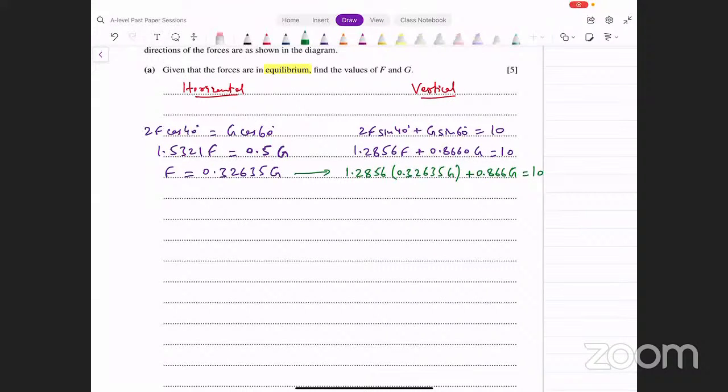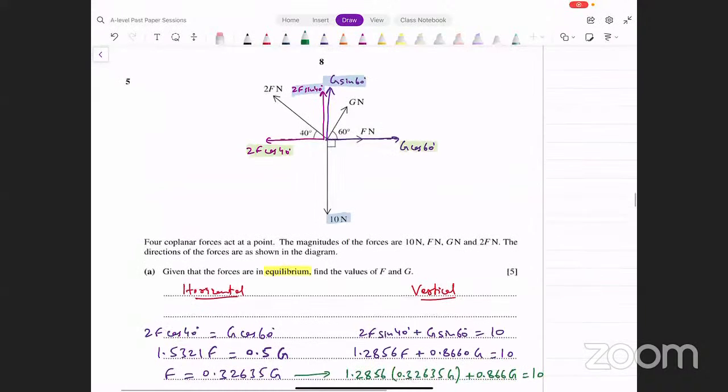That's also fine. 2 into sin 40, 1.2856. Sin 60, 0.8660. That's 1.2856 into 0.32635 plus 0.866 and divided by this. And that gives me this much. Are we missing anything here?